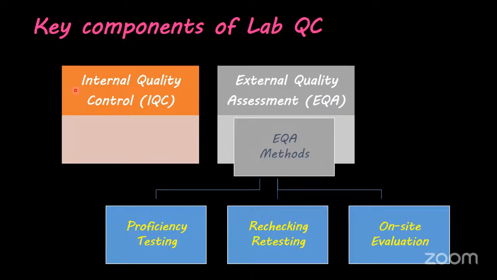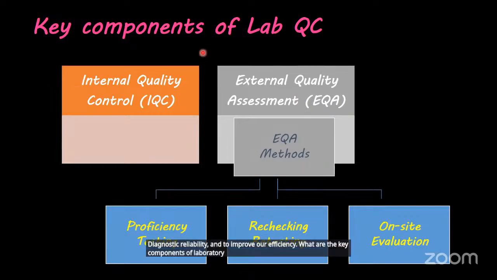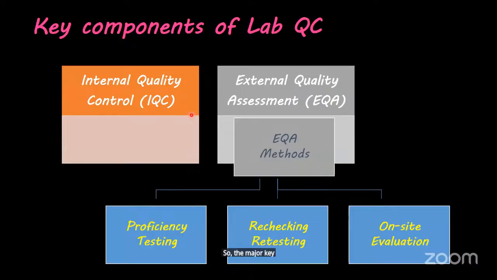What are the key components of laboratory quality control? The major key components are internal quality control and external quality control. Internal quality control is an everyday procedure. It is not carried out yearly or annually.